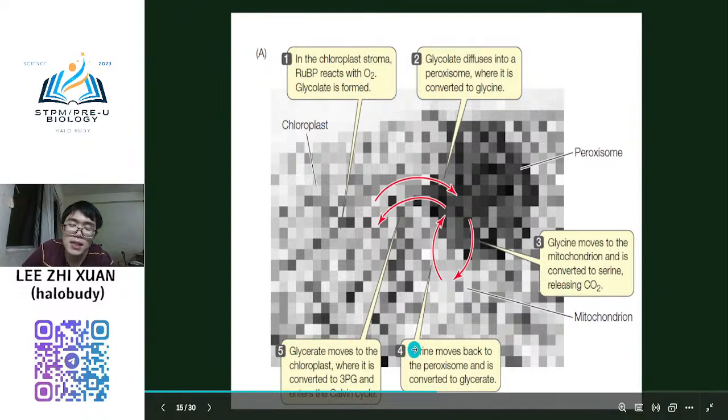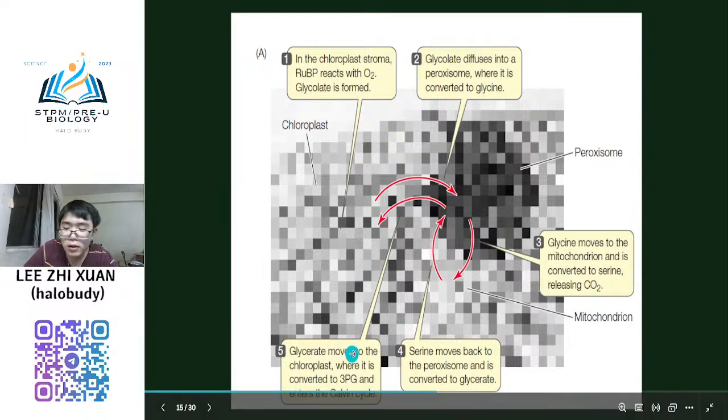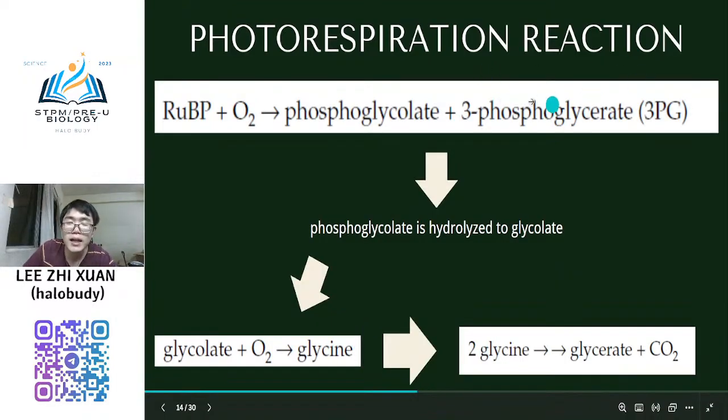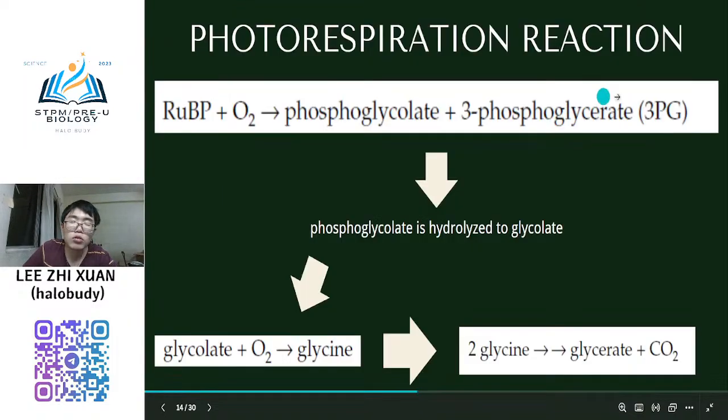And then this serine will go back toward the peroxisome again, and then form the glycerate. This is our final product, glycerate. And then this glycerate will later recycle back to the chloroplast, and then it will be converted to form 3PG again. Then it goes toward the carbon cycle.